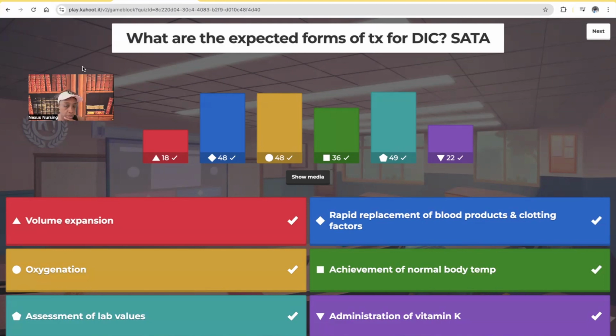Oxygenation, supplemental oxygenation, achievement of normal body temp, assessment of lab values, especially looking at those clotting factors, platelet count, and of course, administration of vitamin K, because again, what has caused this whole thing is the depletion of what? The clotting factors, okay?